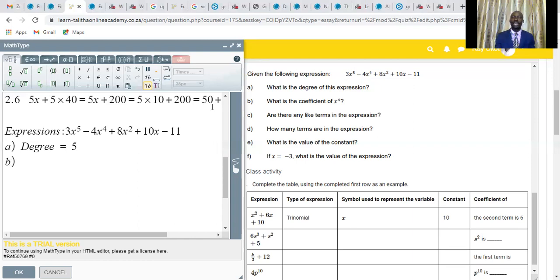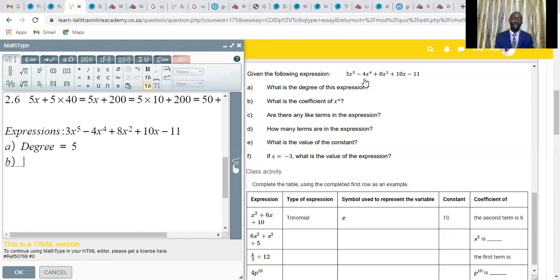In the same way, when we look at this question here, x with exponent 4, or x power 4, has got a number in front of it, and that number is negative 4. And so how do you call this negative 4?